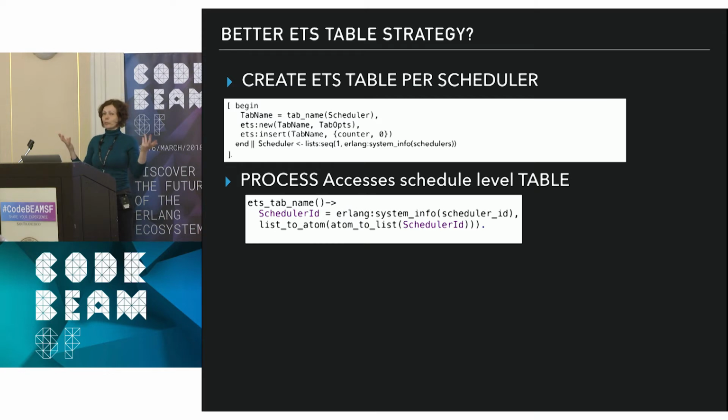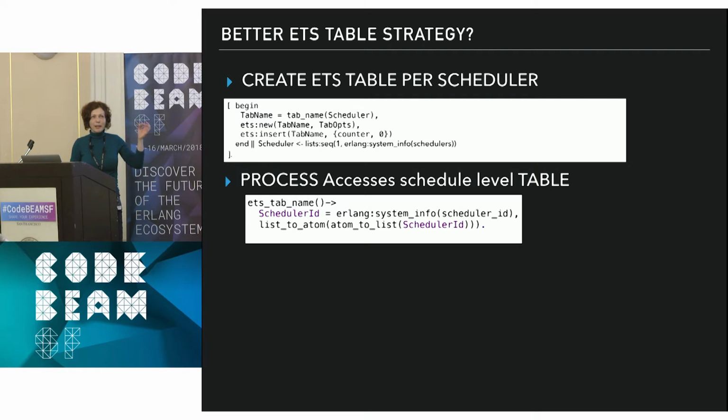If you think about it, most likely there's going to be no contention. Of course, we can grab a scheduler ID and get preempted in the next nanosecond, but it's not very likely. Most likely, a process will be writing to the table corresponding to its scheduler ID. It's kind of a trick.